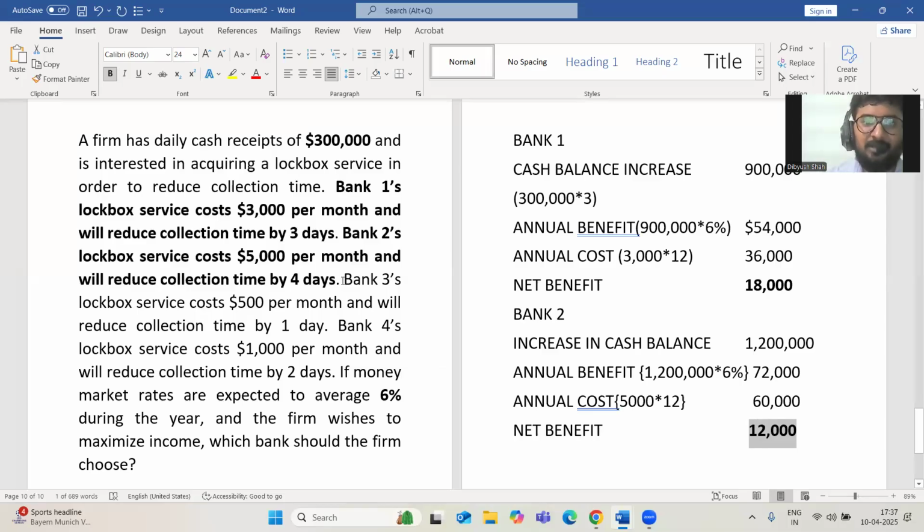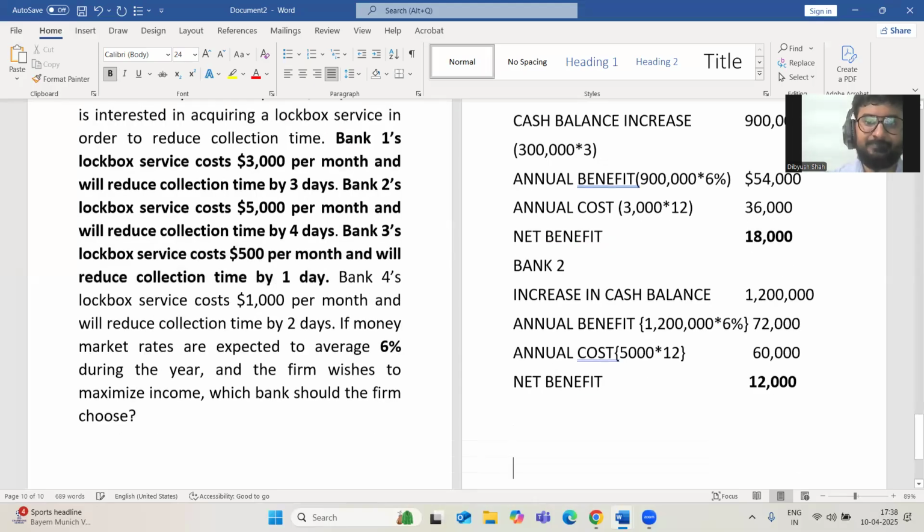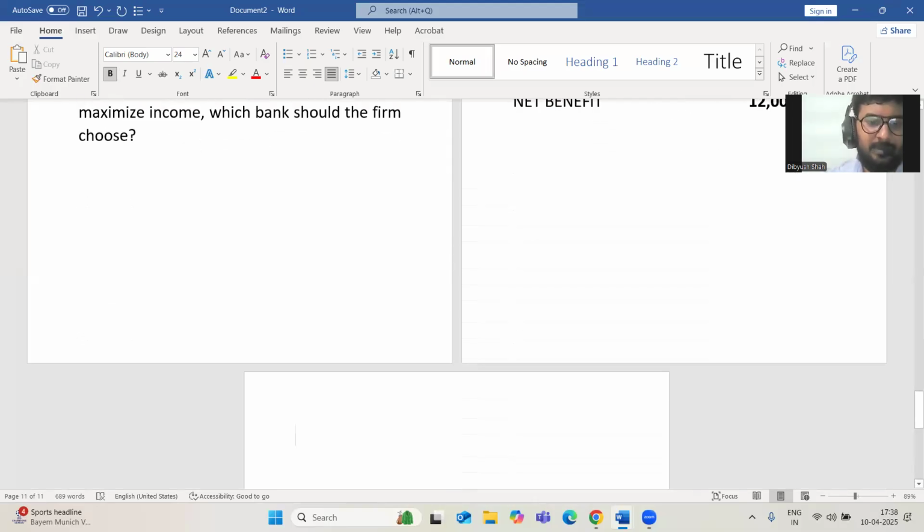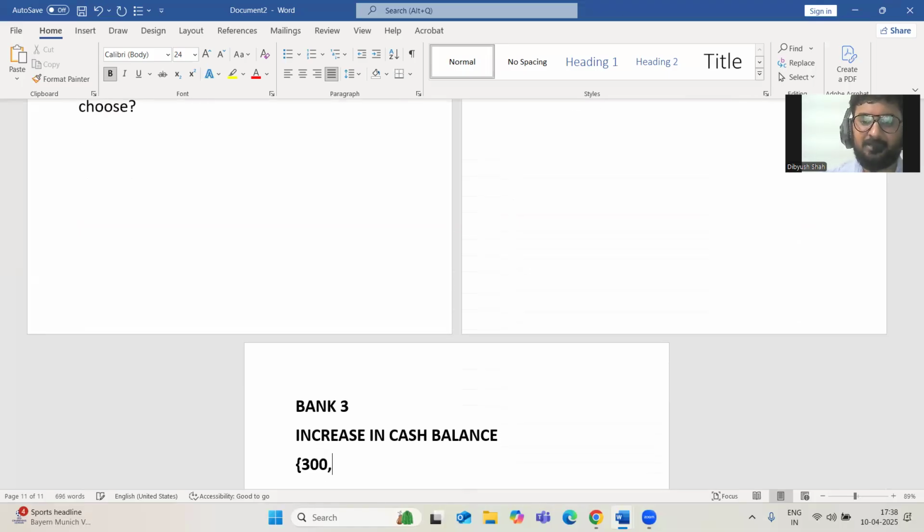Bank 3, lockbox will cost me 500, but collection time will reduce by only 1 day. Let's see what bank 3 is offering me. Increase in cash balance: my daily cash balance is 3 lakh, it will reduce by 1 day, so it will increase by 3 lakh into 1.